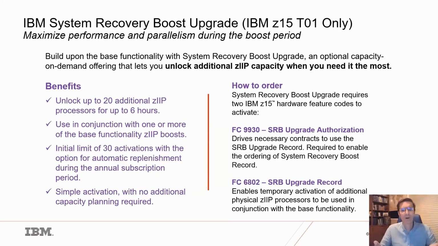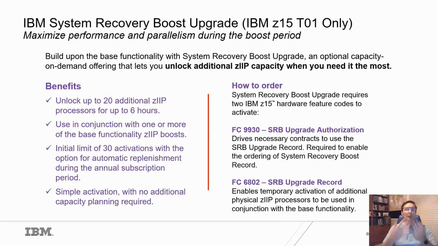So this 6 hours is to give additional zip engine capability for various boosting periods that may occur on that system, and these are for IPL boosts, so shutdown and IPL recovery boosts.